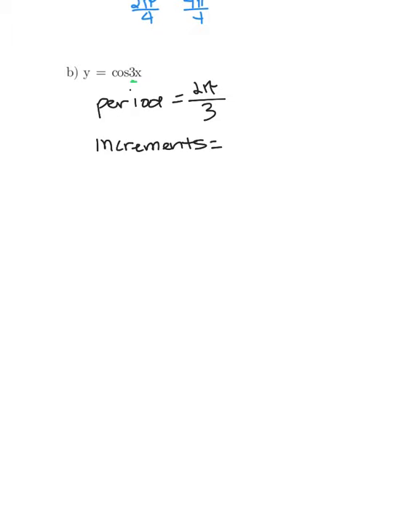To help us with our counting, we are going to find the increments. Remember that to find the increments, you take the period length that you just found of 2 pi over 3 and divide that by 4. But remember, in fraction rules, that means that we are taking 2 pi over 3 times 1/4, because dividing by 4 is the same thing as multiplying by 1/4.